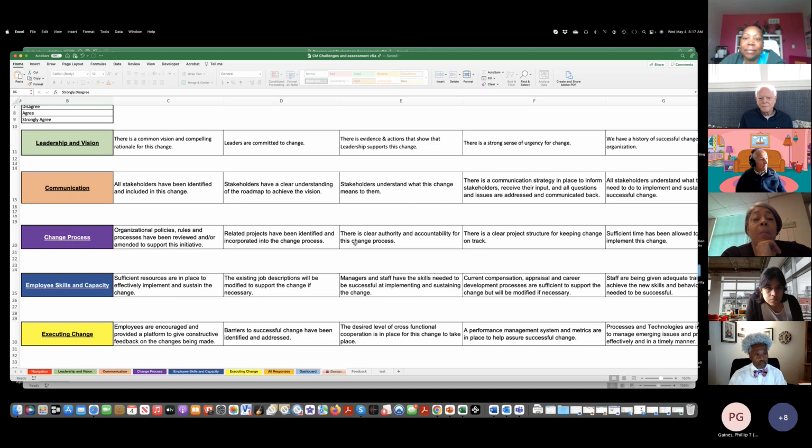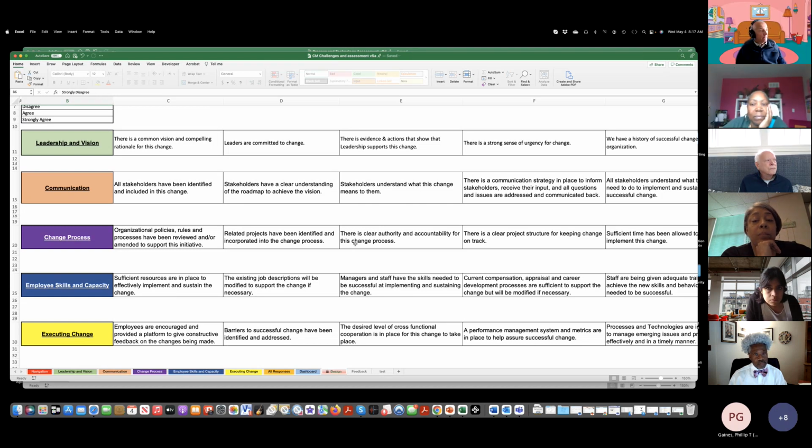Okay, so we have 5 categories, and each of them has 5 questions. So there's 25 statements. To the best of my knowledge, they're all positive. They all go in the same direction. Same direction, yes. If you can point to examples where that's not the case, we'll obviously fix it.